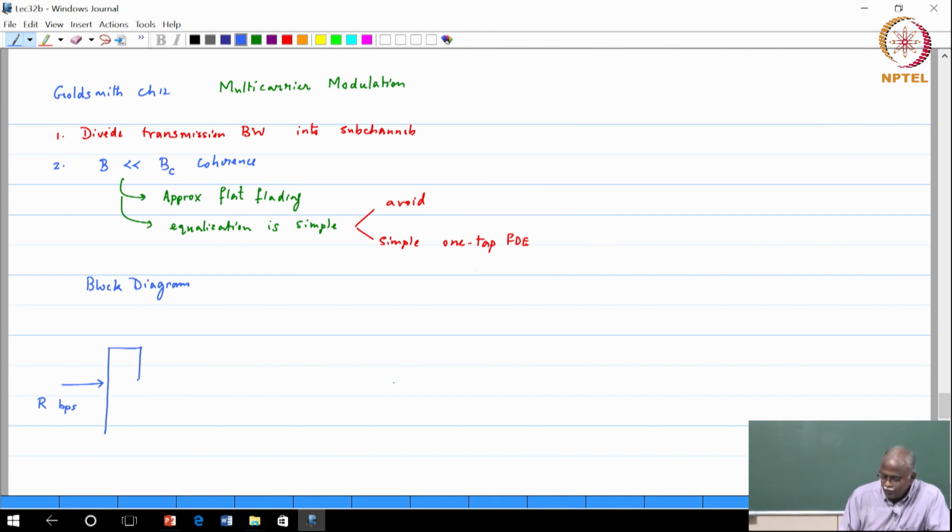I am going to do a serial to parallel conversion and come up with N parallel channels, each of which is containing R over N bps. So, this is channel number 0, up to channel number N minus 1.